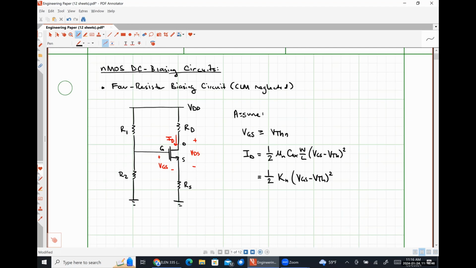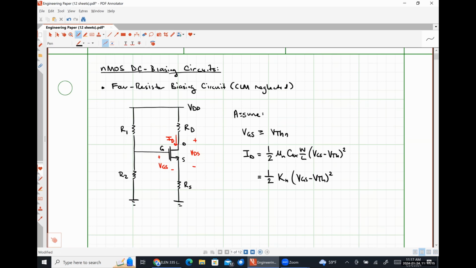So Kn is going to do a lot of heavy lifting today. Okay. So those are our assumptions because these are how the device behaves in the saturation region of operation. So now we need to figure out what our voltages are. Ultimately, we're trying to solve for VGS, ID, and VDS, okay?